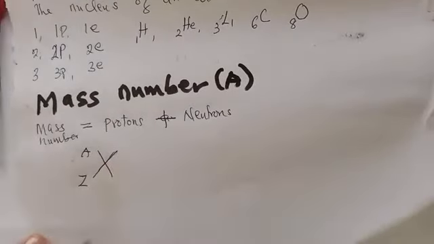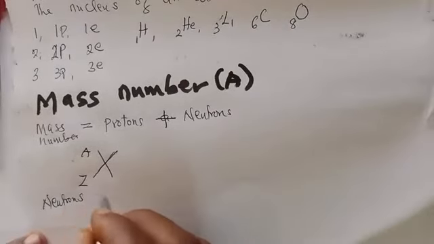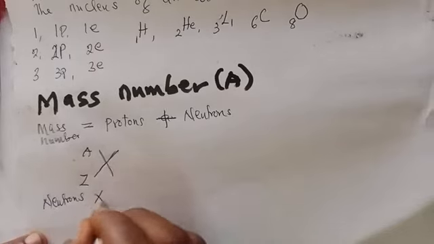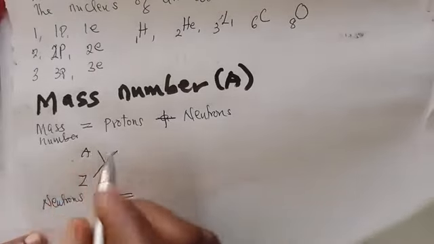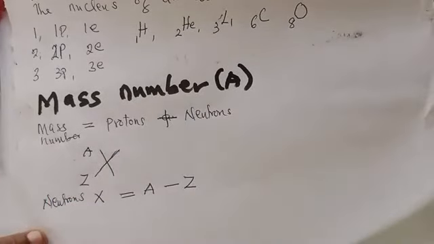So that you agree with me that the number of neutrons in element X will be equals to the mass number, which is A, minus the atomic number Z.